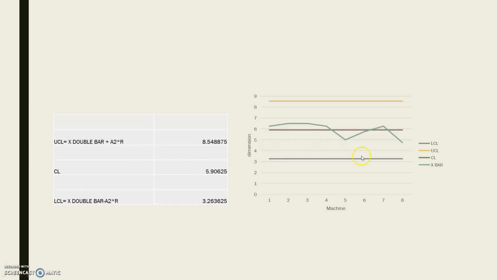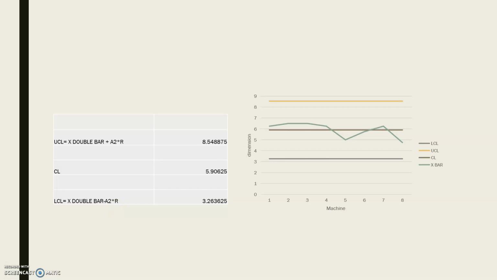Okay, we can get UCL by using the formula x double bar plus A2 times R. Then lower control limit LCL we can obtain with the formula x double bar minus A2 times range R. Then CL means control limit.